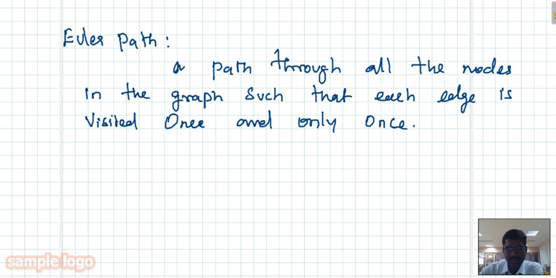Euler path is a path through all the nodes in the graph such that each edge is visited once and only once. That means we are going to draw this stick diagram using the Euler path. For this, we will take this problem.